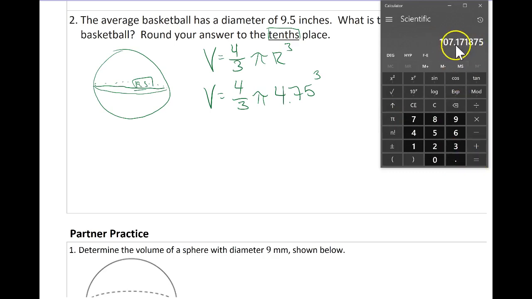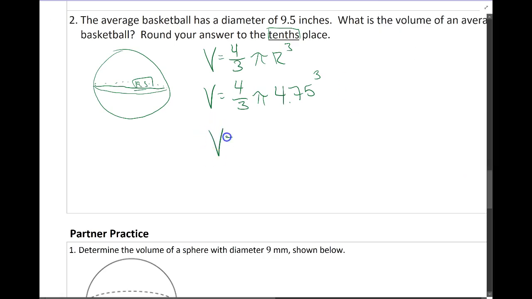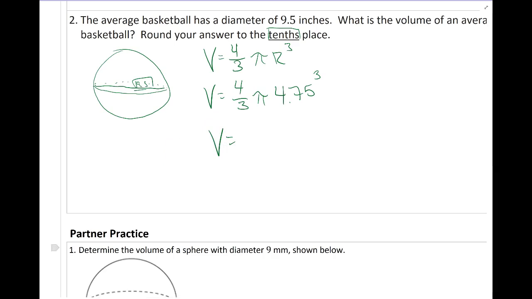So that's 4.75 cubed because I did it 3 times. And then I do, great, that times 3.14 times 4 divided by 3.